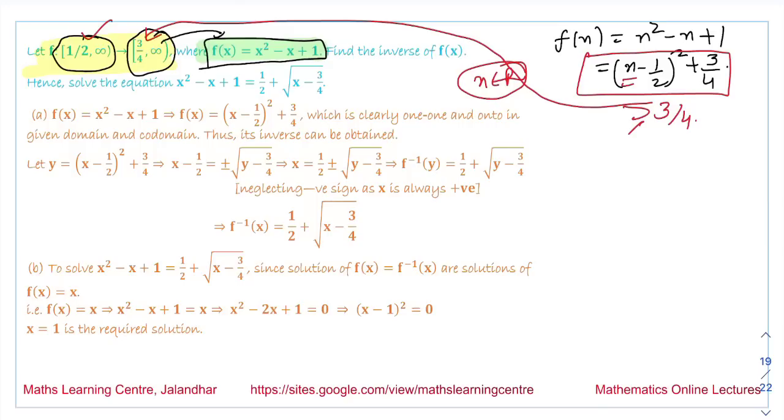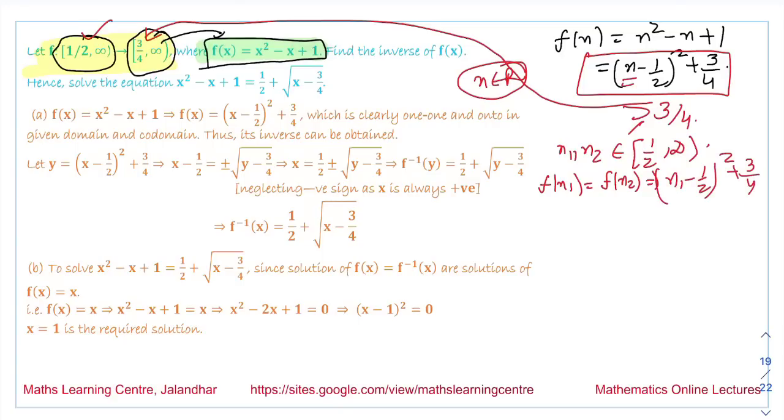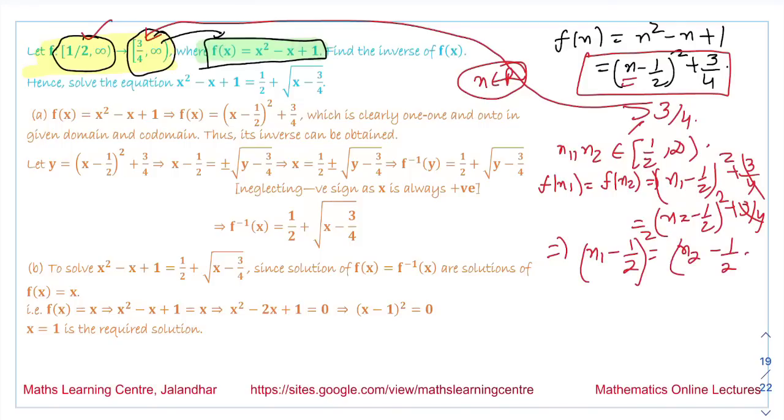Further, to prove that it is one-one, we can consider the elements x1 and x2 that belong to the interval 1 by 2 to infinity, and we write f of x1 is equal to f of x2. This implies x1 minus 1 by 2 whole square plus 3 by 4 is equal to x2 minus 1 by 2 whole square plus 3 by 4. This 3 by 4 gets cancelled, and we are left with x1 minus 1 by 2 whole square equal to x2 minus 1 by 2 whole square.